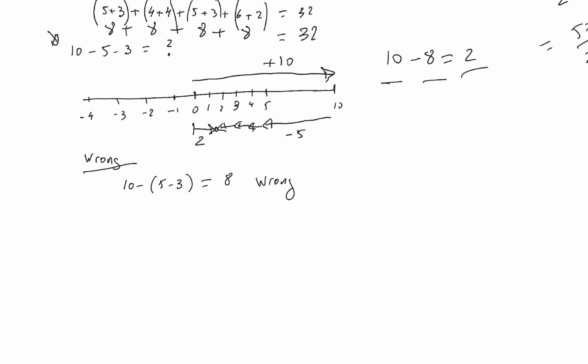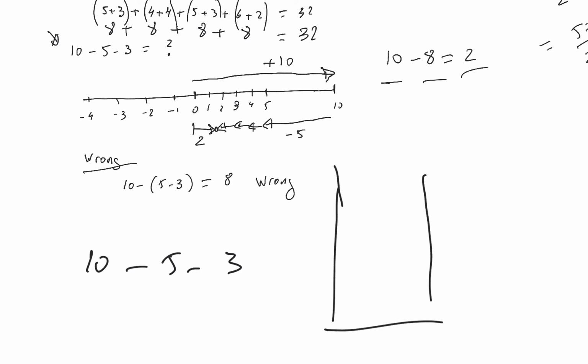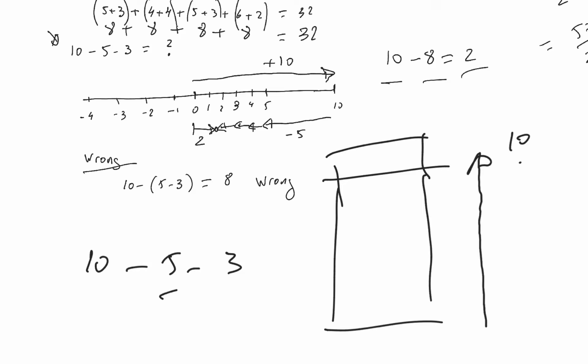Another way to do it is like this, 10 minus 5 minus 3. Imagine a building and an elevator. So you go to the 10th floor, going up. Now you are on the 10th floor. You go down, minus 5, going down 5 floors.